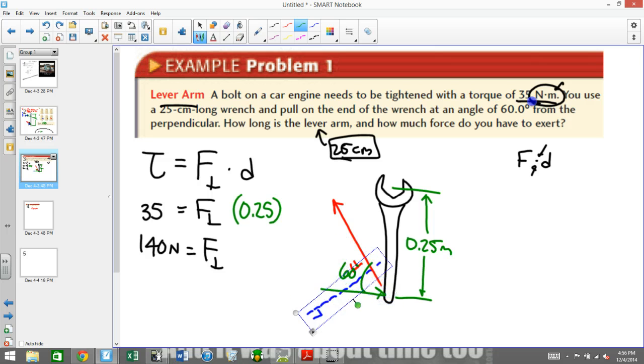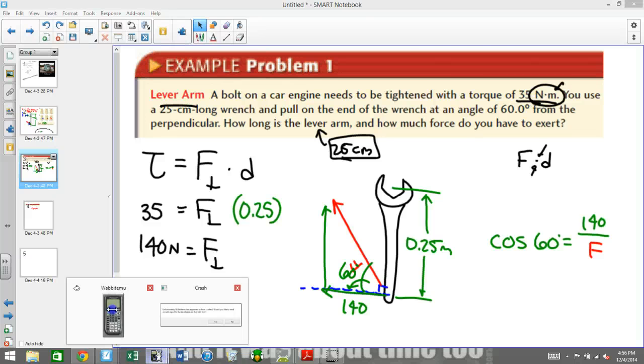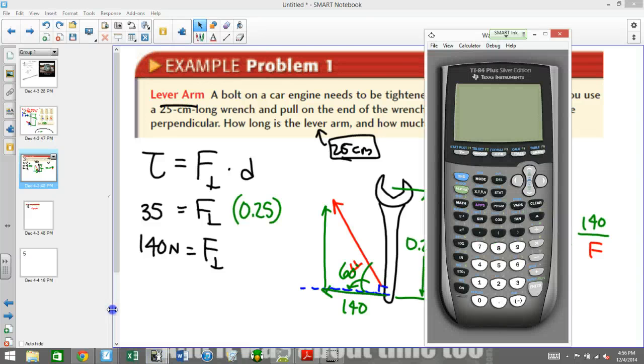Maybe I might want to turn it around to make it look right. Make sure I pull. So I know that this component is 140. So what I'm going to do, I'm going to say the cosine of 60 degrees is the adjacent 140 over the hypotenuse, which is my unknown force, F. So I take 140 divided by the cosine of 60.